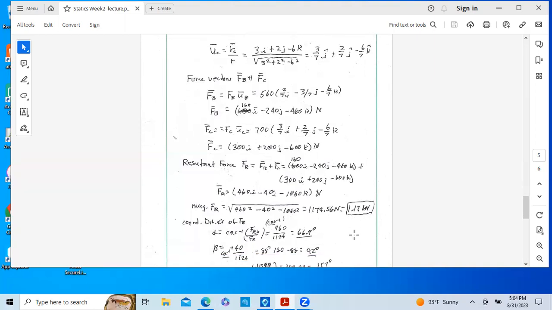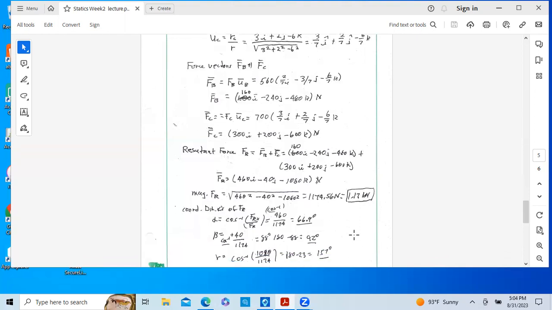The direction cosines, we have equations for those. Just plug in the magnitude of the force in the x direction, which is 960, inverse tangent 960 over the magnitude, and you can use 1174 for that. That's fine. You get an angle of 66.9.